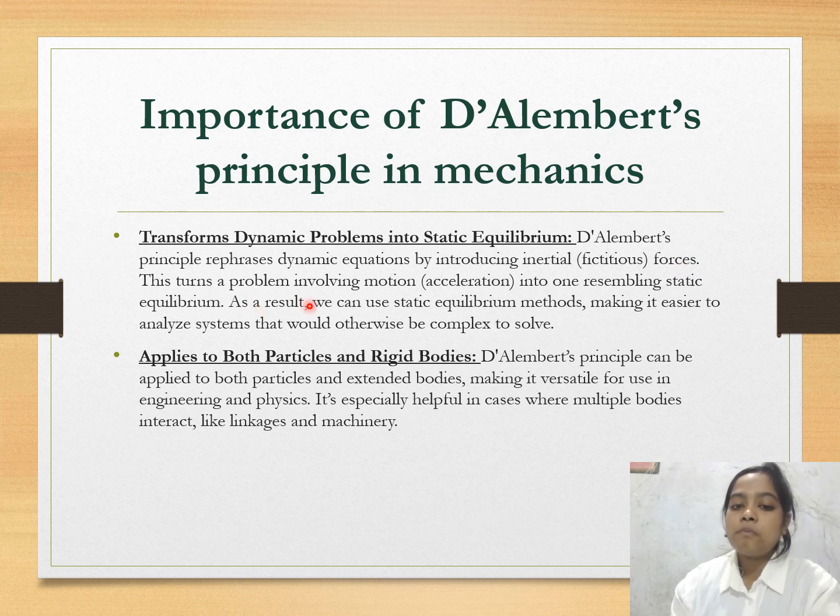This turns a problem involving motion or acceleration into one resembling static equilibrium. As a result, we can use static equilibrium methods, which make it easier to analyze systems that would otherwise be complex to solve. Thus, it helps us go from the complex to the simple.